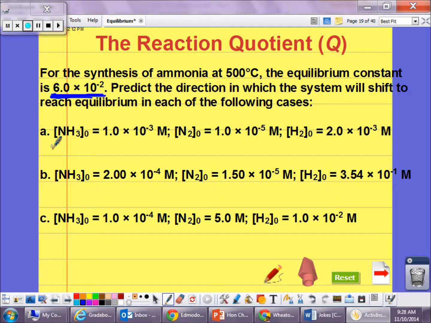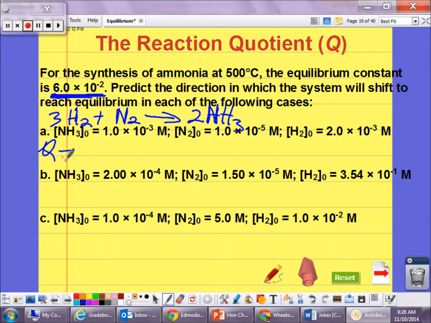So I have to write my balanced equation for the synthesis of ammonia: 3H2 plus N2 yields 2NH3. Now let me write my expression.